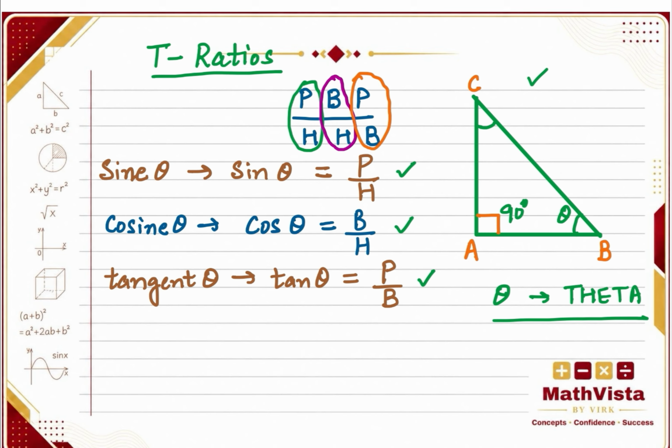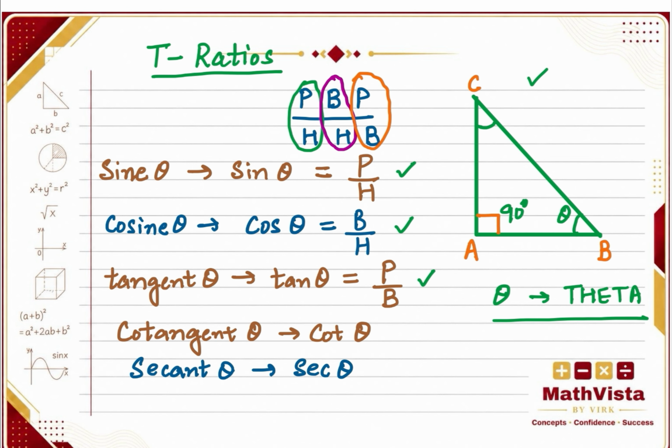Now, we have three more trigonometric ratios. One is cotangent theta, in brief cot theta. Next is secant theta, in brief sec theta, and the last one is cosecant theta, in brief cosec theta.